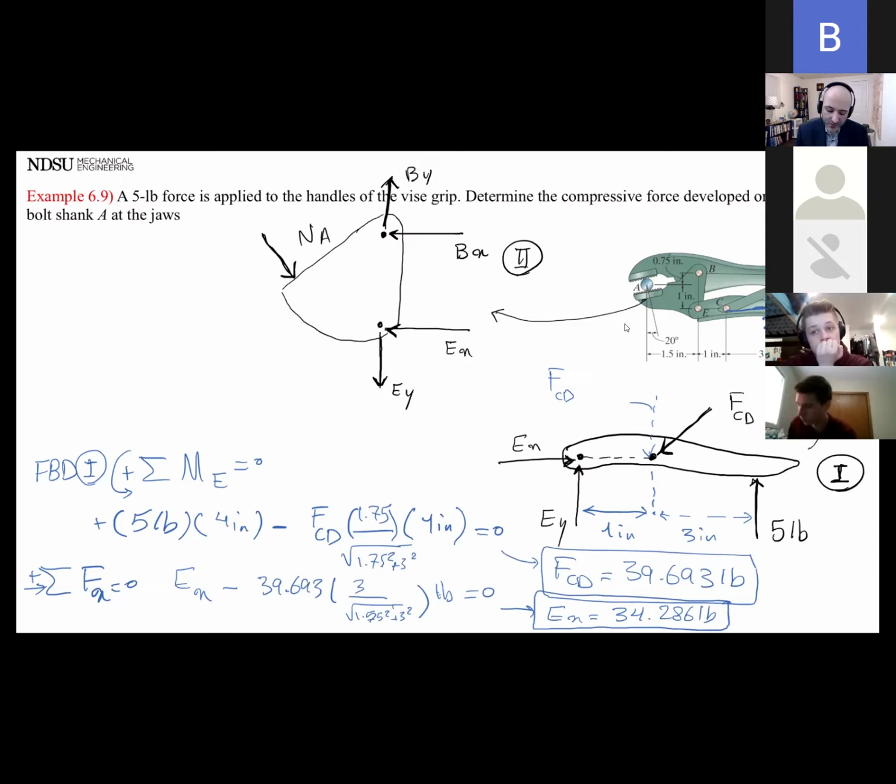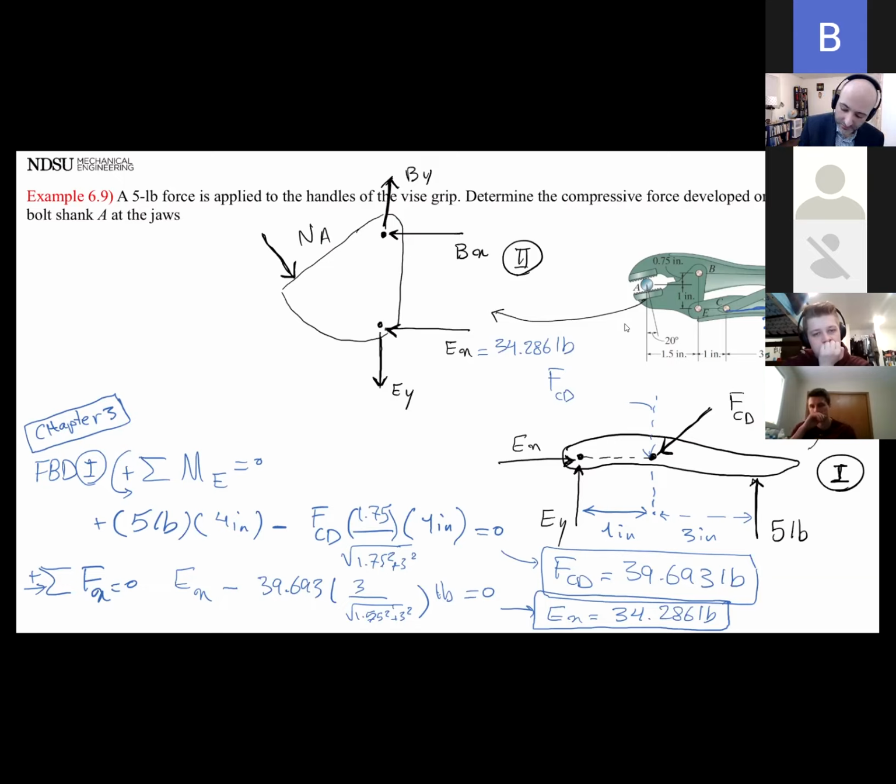So again, what we are using here is from chapter 5. We're back to chapter 5, rigid body diagrams and equations. Okay, now my EX is 34.286. I can find EY also, but I don't even have to.